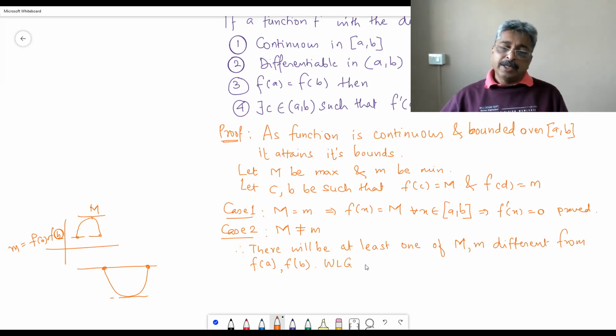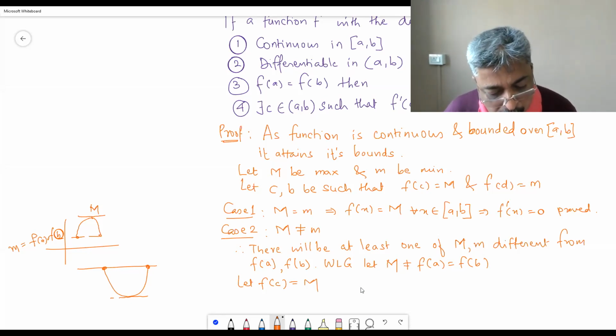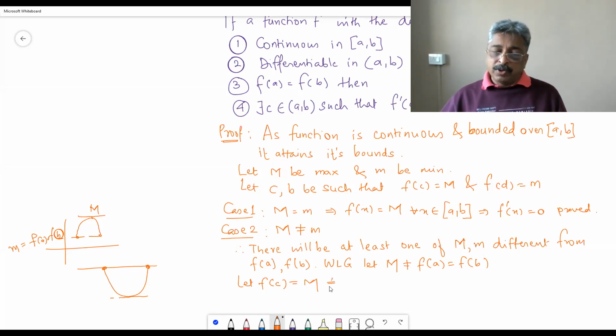Without loss of generality, let capital M be not equal to f(a), which is equal to f(b). Let f(c) be equal to capital M, which is not equal to f(a), which implies c is not equal to a. f(c) is equal to capital M, which is not equal to f(b), which implies c is not equal to b.